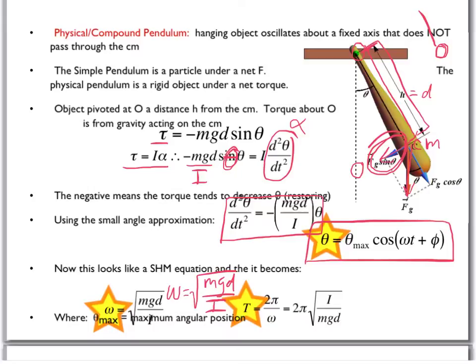So in the case of a physical pendulum, that would become 2 pi times the square root of I over mgd. And again, theta max would be your maximum angular position, the furthest theta that you pulled this thing out to before you allowed it to oscillate. We would want that to stick with small angles in order to have our small angle approximation actually apply.